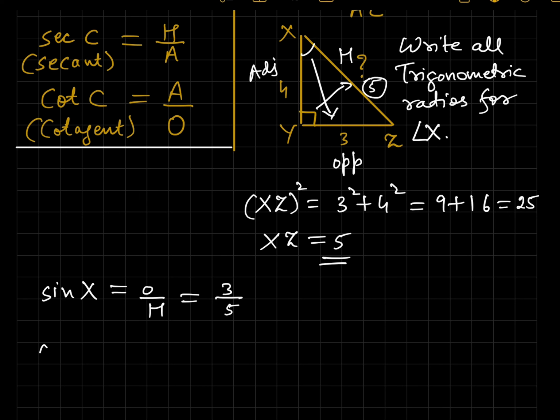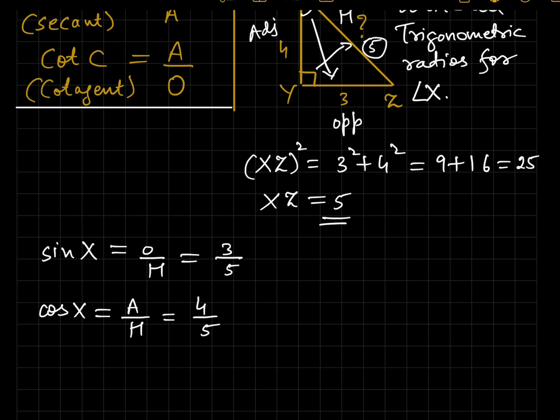Easy. Then write cos of x. Cos of x is adjacent over hypotenuse. Adjacent is 4 over hypotenuse 5. Then we have tan of x, which is opposite over adjacent. Opposite is 3, adjacent is 4.